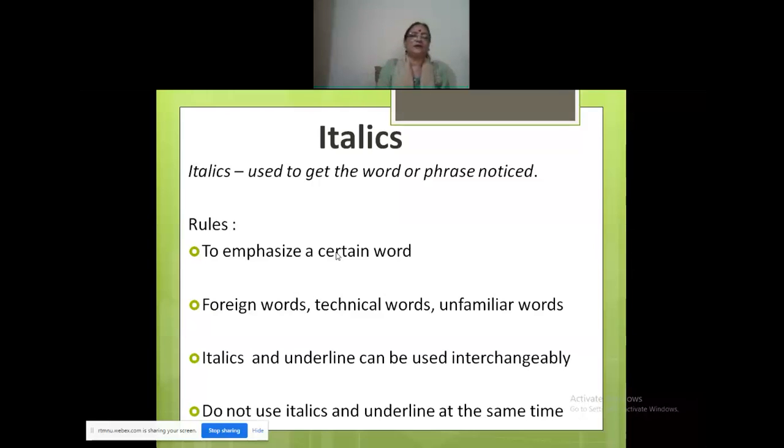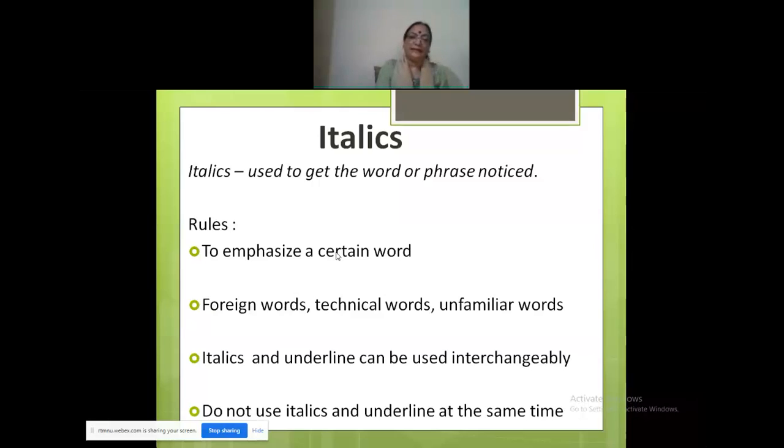The second function is, of course, when you have foreign words, words from different languages, or technical words, or unfamiliar words like ad nauseum, which we had used in that quotation marks exercise. Anything that is unfamiliar, you can use in italics. Italics and underlining can be used interchangeably.